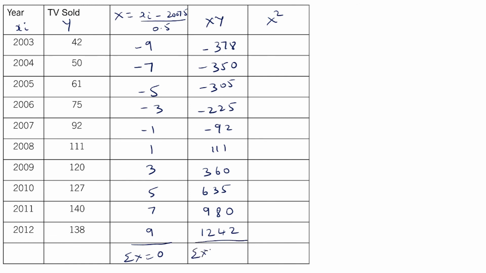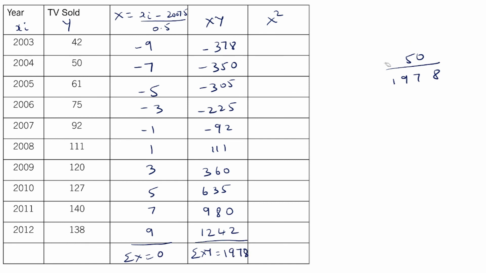Now let us find summation xy. When we add all the negatives we get minus 1350, and when we add all the positives we get 3328. So summation xy is 1978.